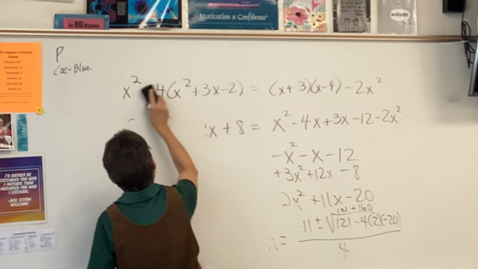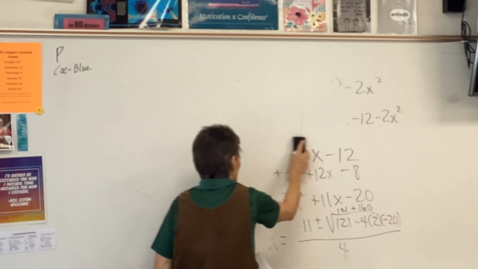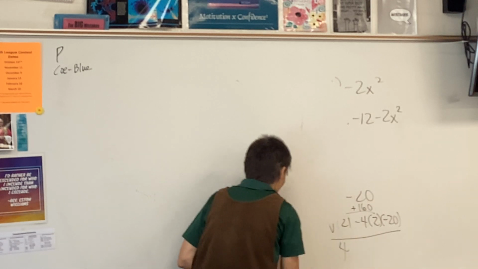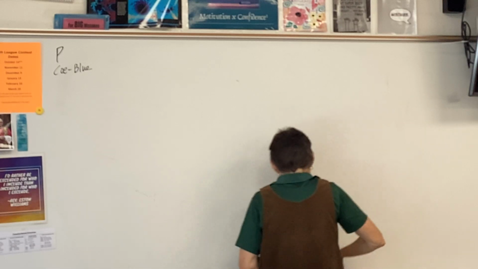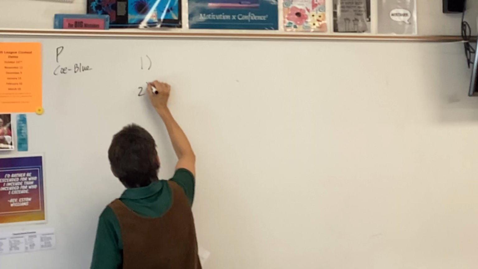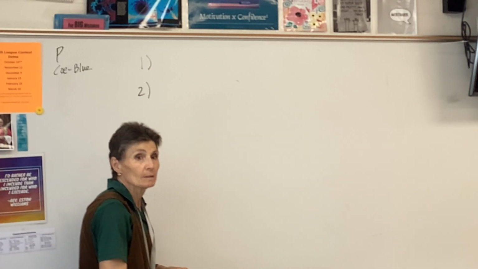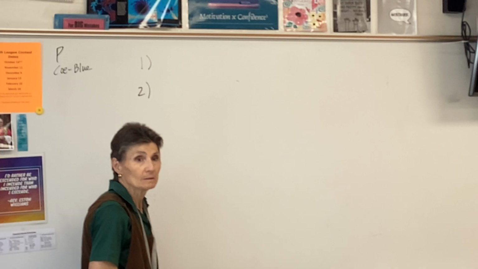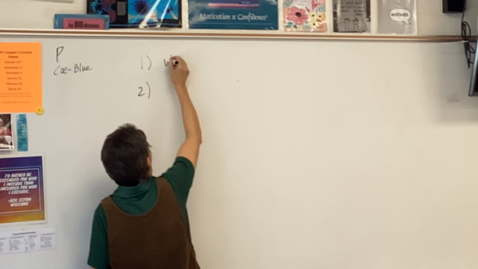Before I start these, let's do a quick review of our rules. Who remembers, you can look on your notes, what are our domain rules? There's two of them. What are they? Whatever's under the radical should be greater than or equal to 0.